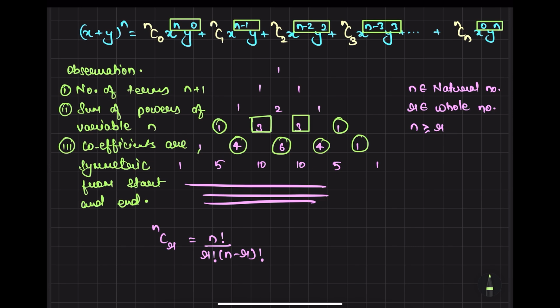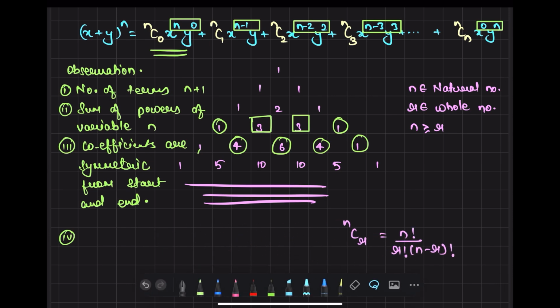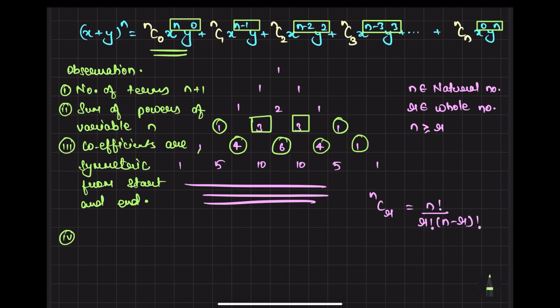Now try to observe your rth term. Okay, so suppose that now look at this part. I am interested in finding the rth term. So the idea is, look at this part. First look at that n. So nc is everywhere. Nc is here, nc is here, nc is here, nc is here.